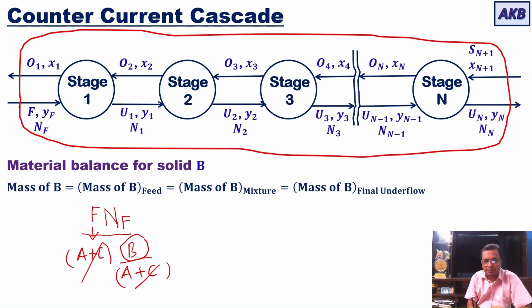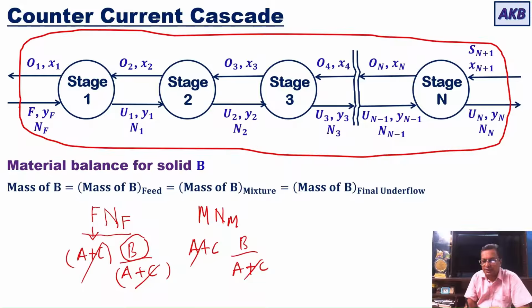Now mass of B in the mixture can be expressed as a product of M and NM. Again, the same explanation applies over here. M is A plus C in the mixture, NM is B upon A plus C in the mixture. So A plus C gets cancelled, and you are left with mass of B in the mixture.